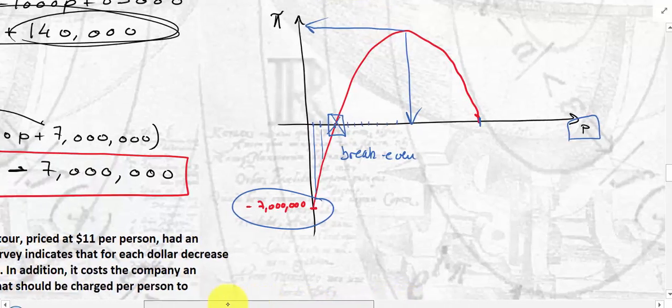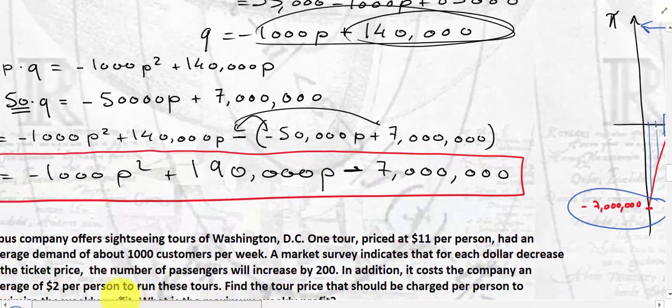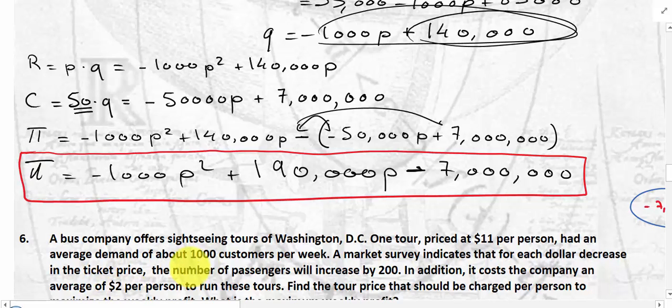So we need to complete our square. Let me look at the number, negative 1,000. All right. So here we go. We have pi divided by negative 1,000 equals P squared. So that's going to be a minus 190P, and then plus, is it a plus or minus?